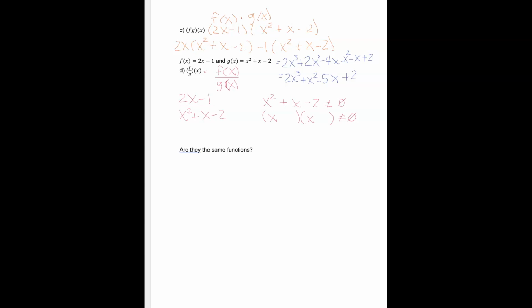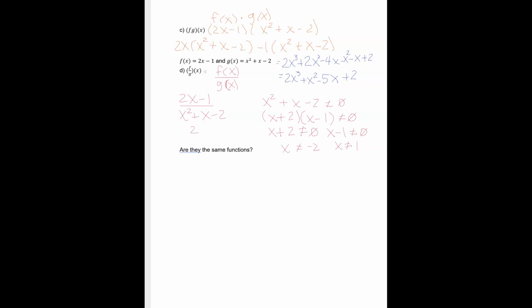Bigger sign gets the plus. So our factors are x plus 2 and x minus 1, so they won't cancel.